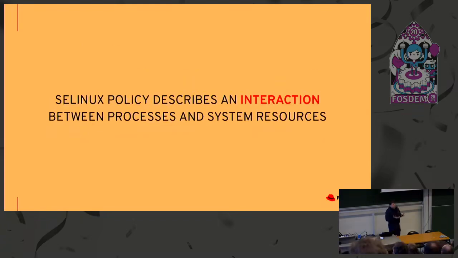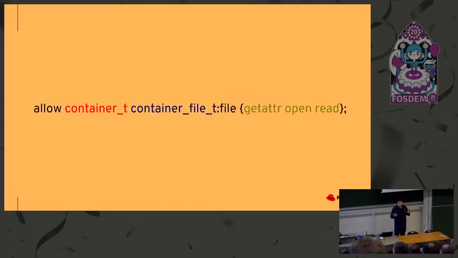The SELinux security policy describes the interaction between processes and system resources, right? And we use allow rules for the interaction, and this is an example of an allow rule. The first is the keyword allow, that's quite clear.